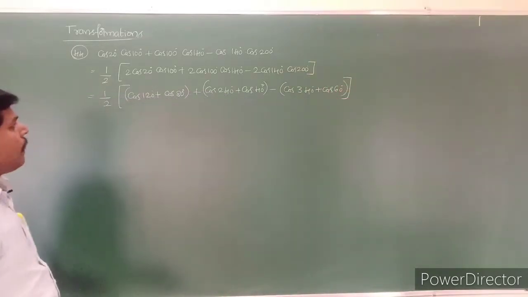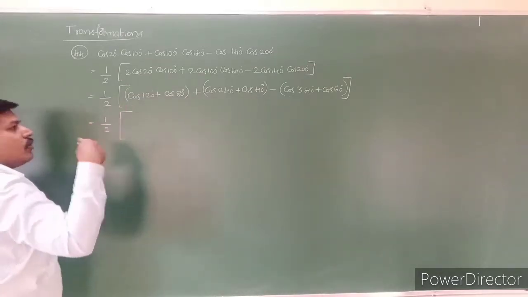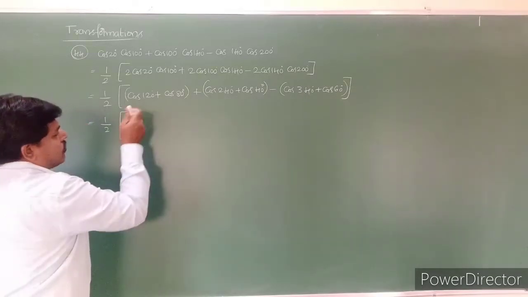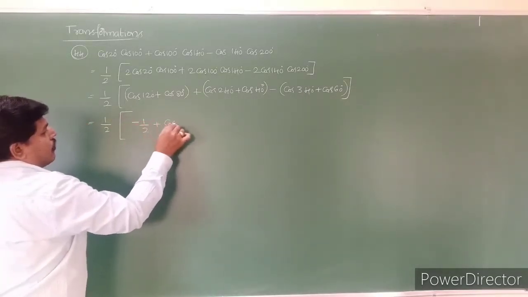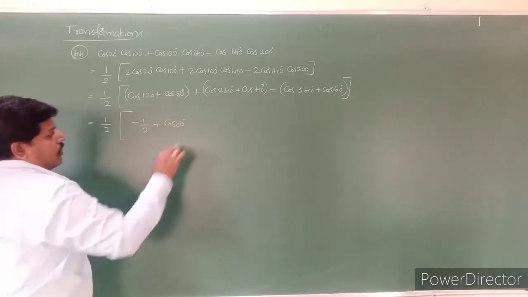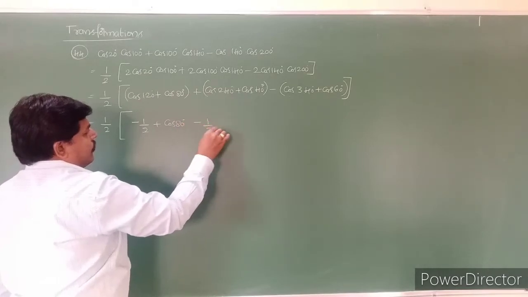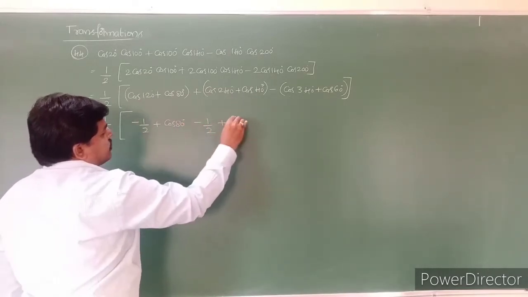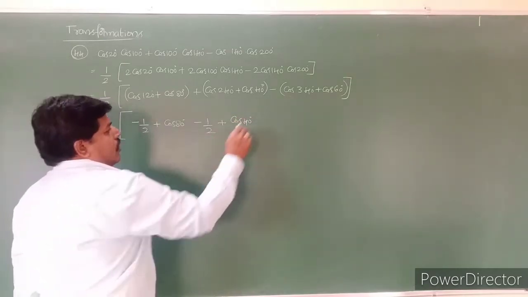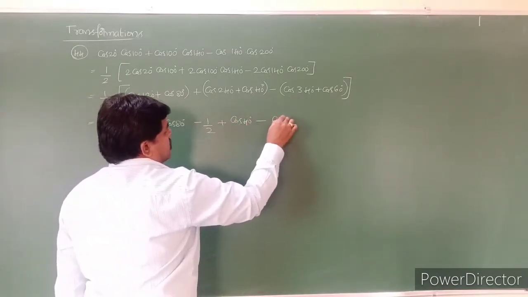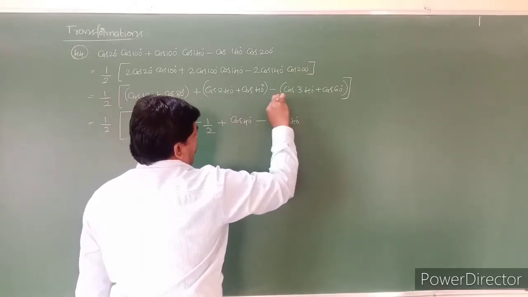I understand that. So here, 1 by 2 into, what are the terms? You already know the values. Cos 120 is minus 1 by 2, plus cos 80 degrees, plus cos 120, which is minus 1 by 2, plus cos 40 degrees, minus cos 340 degrees. Apply the minus, students.